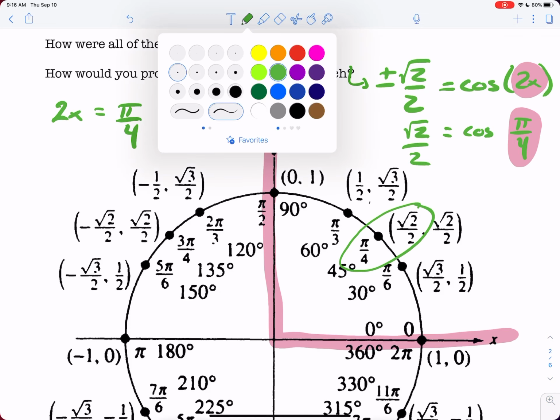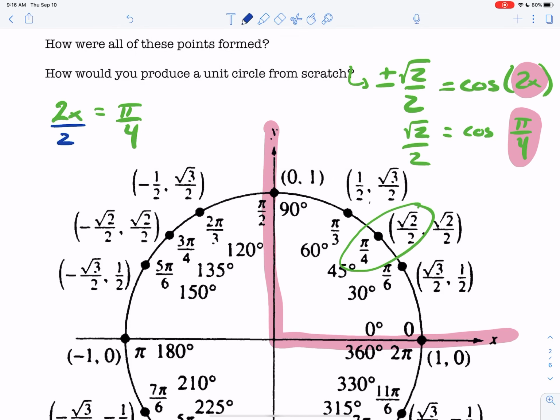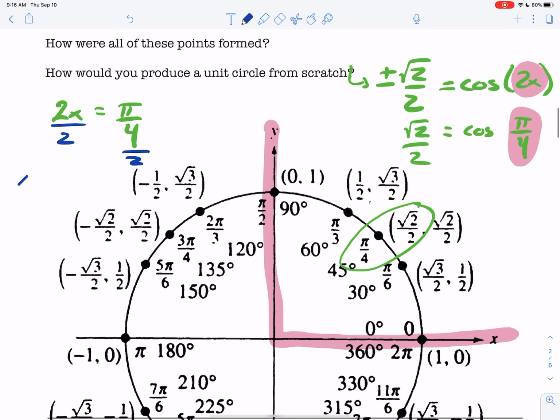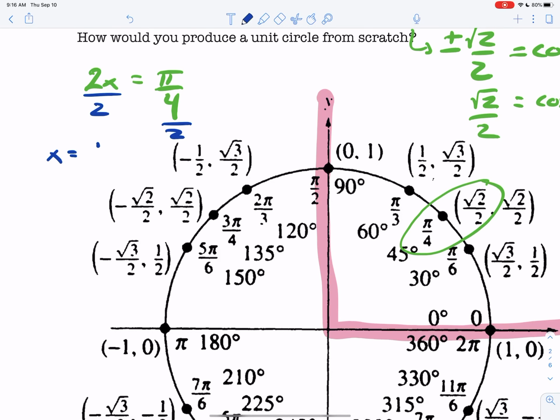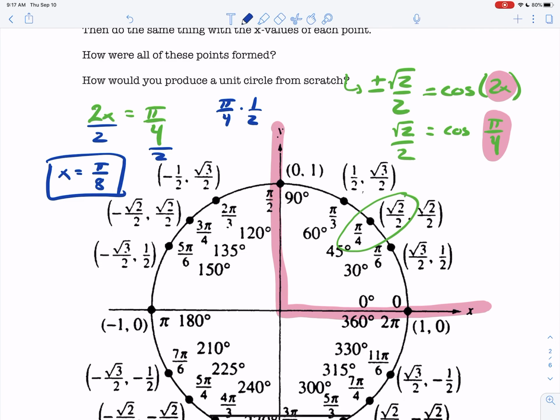Or if I solve for this, if I divide by 2 and I multiply by the reciprocal, if you guys want to do that, x has to be pi over 8 because pi over 4 times the reciprocal will give me pi over 8. Okay? A little bit of work to be done to get that value. But replay that because I know I moved a little bit quickly. Replay that a couple times until you get it.